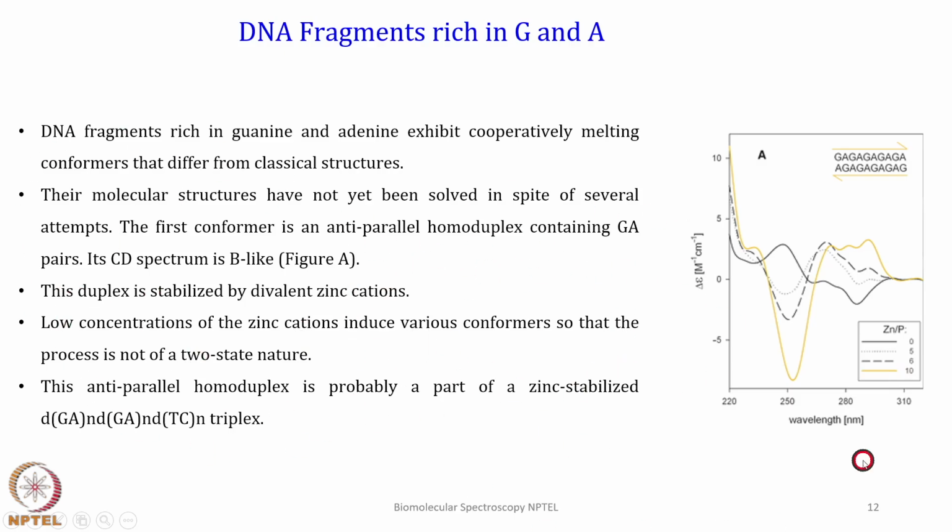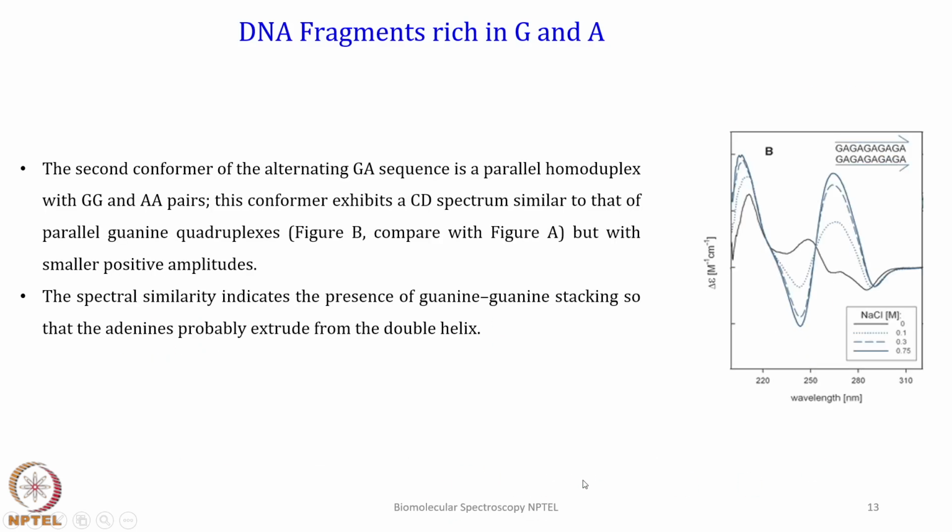It is not two-state in nature, so you can see lots of conformations depending upon the zinc. The anti-parallel homoduplex is probably part of the zinc-stabilized DGA and GA and TC triplex that we have. You can see various conformations even in NaCl; with change of concentration they change conformation and adopt various kinds of conformations.